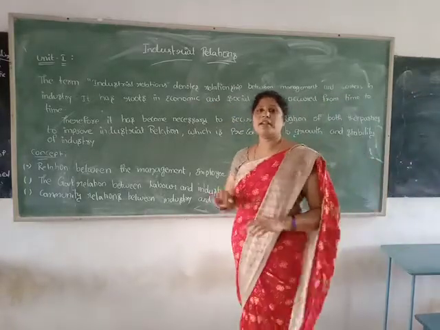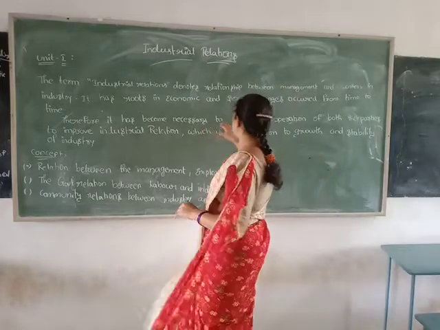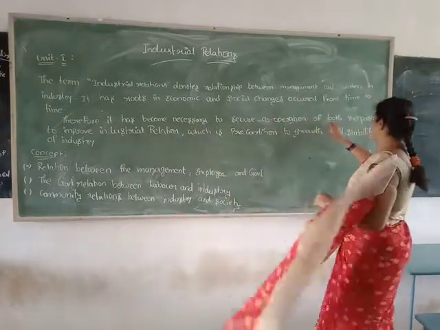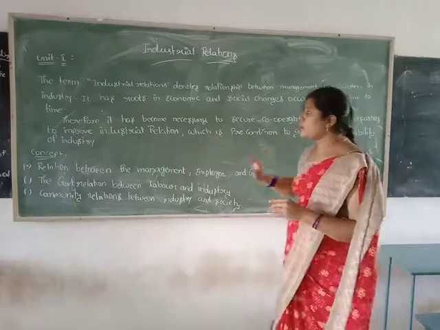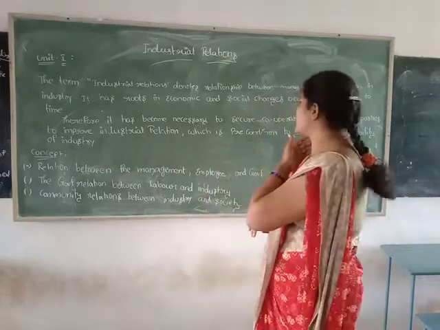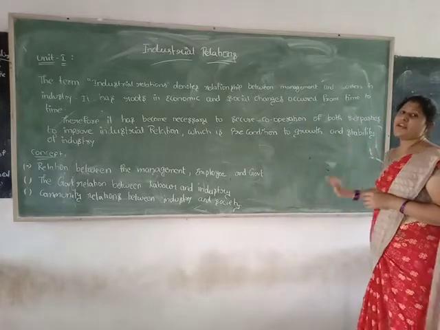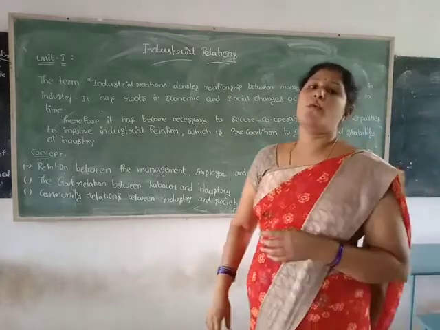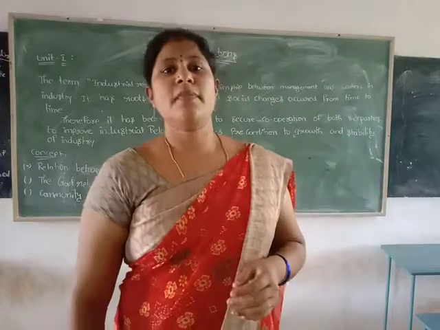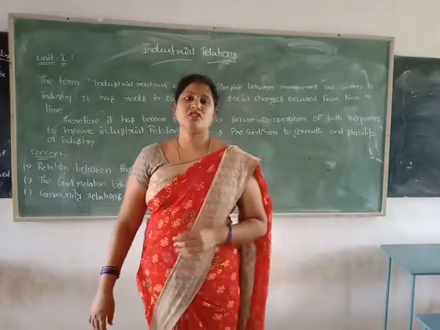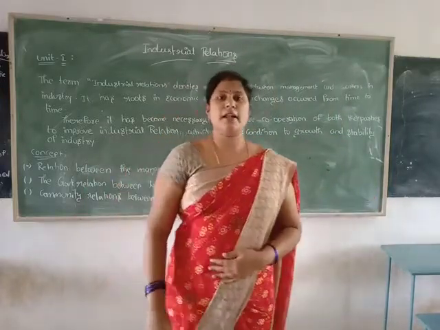Hence it is necessary to secure the cooperation of both parties to improve industrial relations, which is a precondition to the growth and stability of industry. When we maintain time, then we can get stability of doing the work properly.